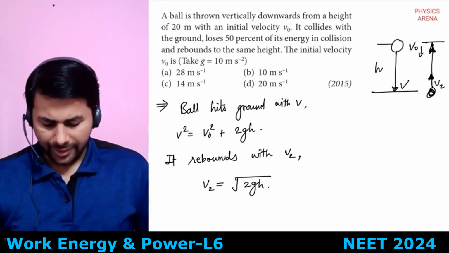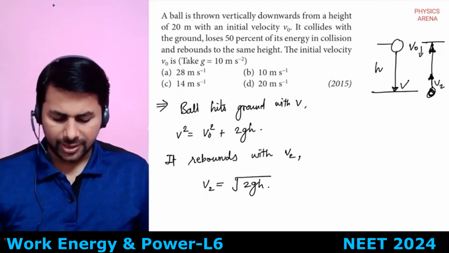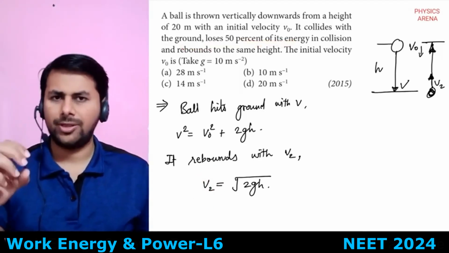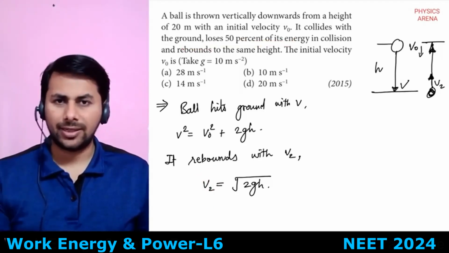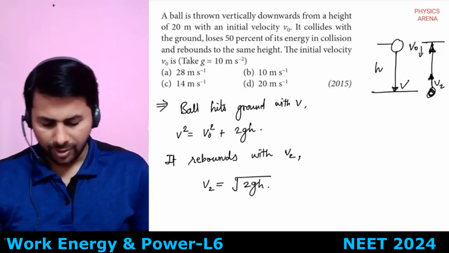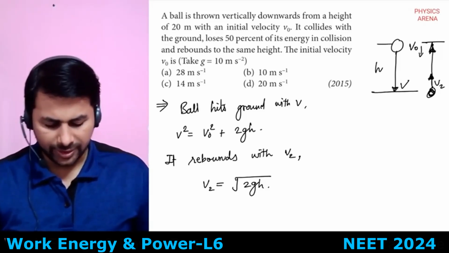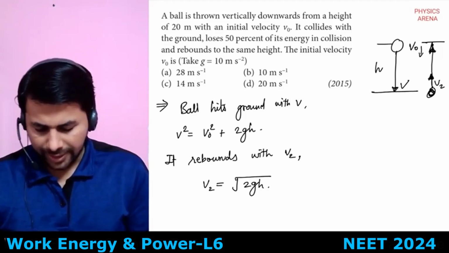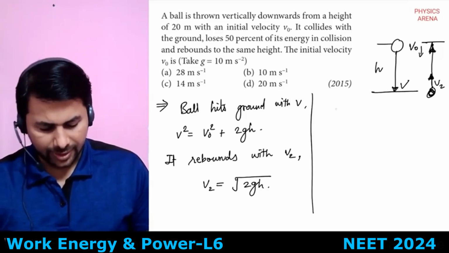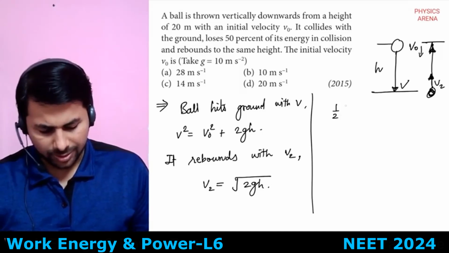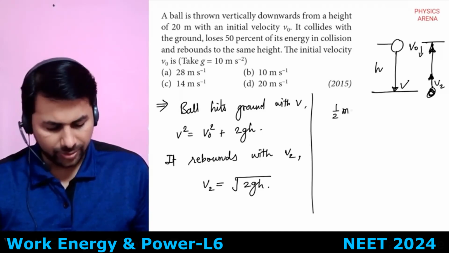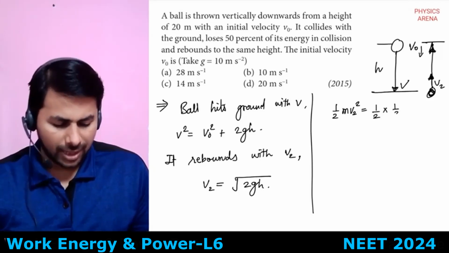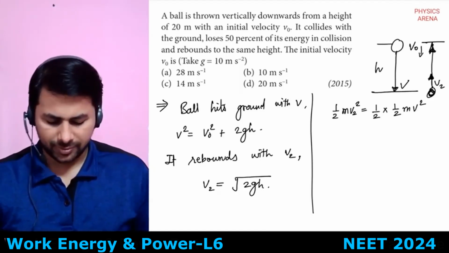And what is another thing given regarding v2? That the ball is losing 50% of its kinetic energy. So I can say that half m v2 square is half of half m v square.